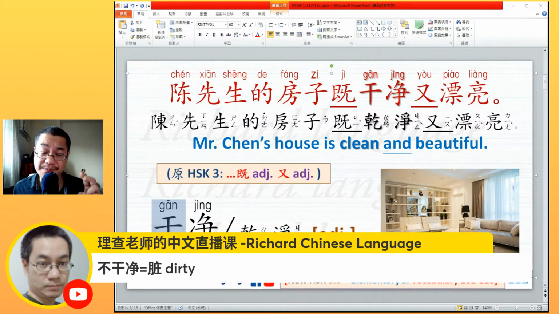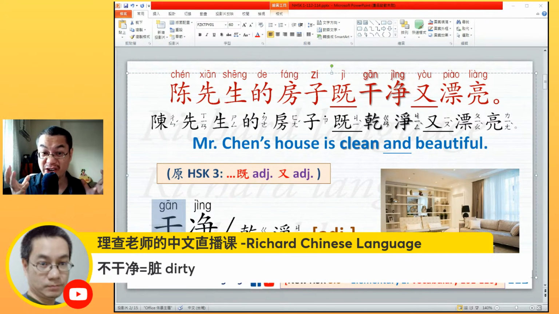We have 2 ways to say dirty. The first one is you add a 不, which means not. So 不干净 means untidy, dirty. And it equals to 脏. 脏 means dirty. So you can learn these 2 basic and important Chinese terms. 不干净 means dirty.